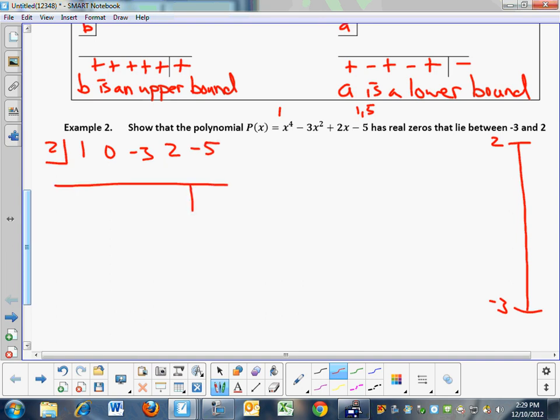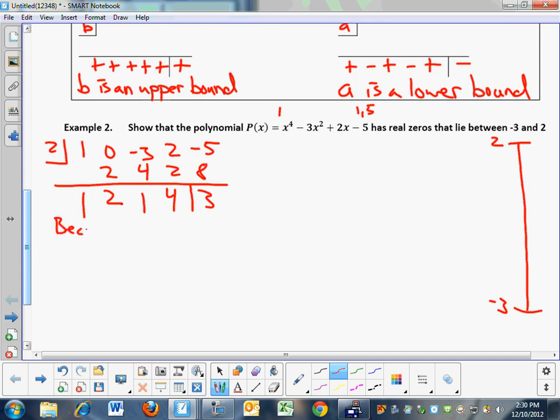What's my first step with synthetic division? Drop the 1. Multiply. What do you notice about the result that you got when you did synthetic division? All of these numbers are positive.